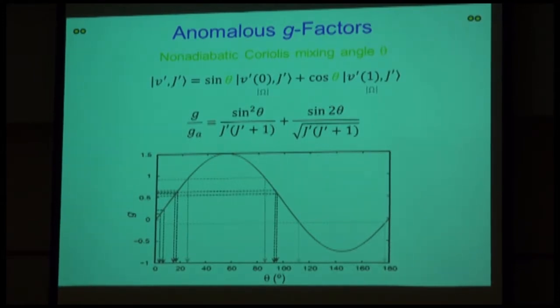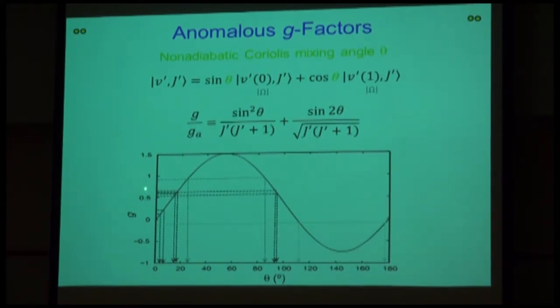So let's say the experiment will give you something like 16 degrees and 95 degrees, and it'll be really obvious from the model which one is correct. So with a slight help from the model, we can resolve which one of the two values is correct for theta.